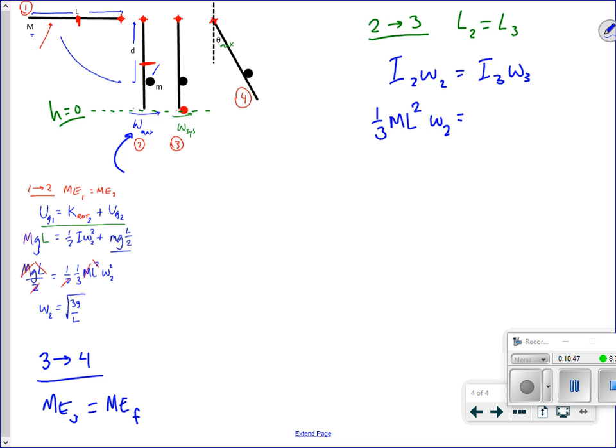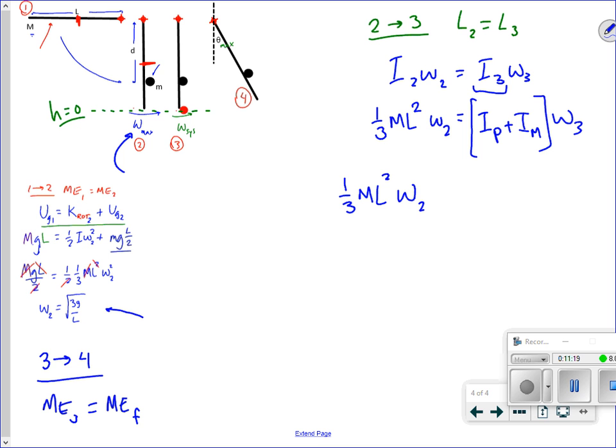Now, after the interaction, this is a system of different objects. So what we have is I pendulum plus I mass, and they do share the same common final angular velocity after this interaction. So this goes 1/3 big M L squared omega 2. Yep, we do have an expression for omega 2. I'll keep that in my back pocket for right now.